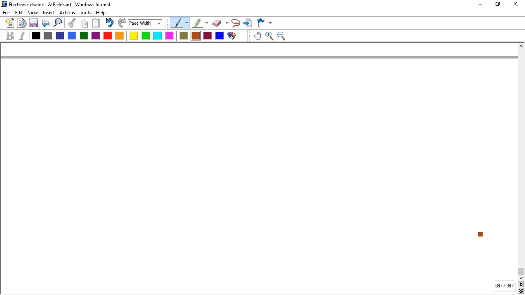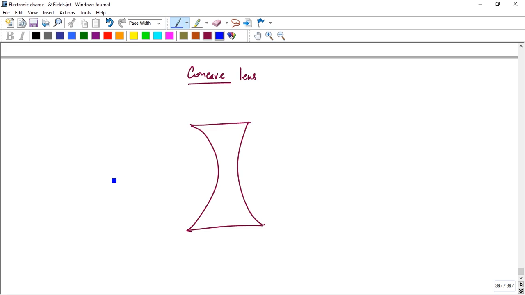Now let me draw an image in a concave lens. The lens looks like this. There's the principal axis, the focus, the center of curvature, and the second focus.